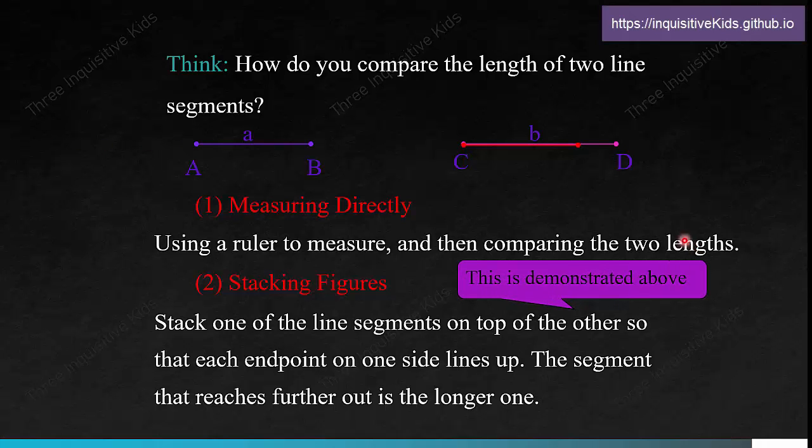This will be demonstrated, so we bring a copy of this line segment, overlap it onto line segment CD. You can see that CD is longer. But of course, if these line segments are super duper close, it will probably be nicer to just ensure that your answer is correct by using a measuring tool like a ruler.